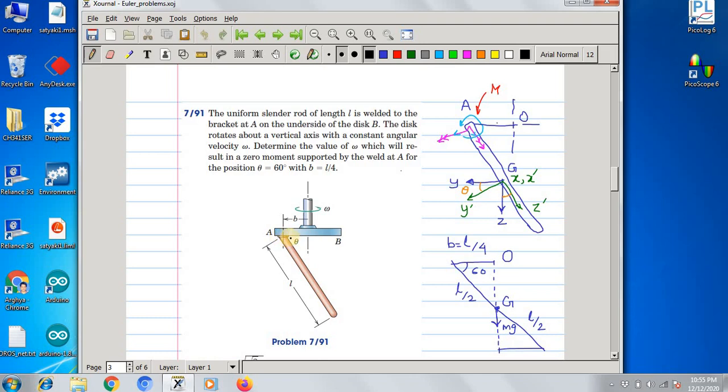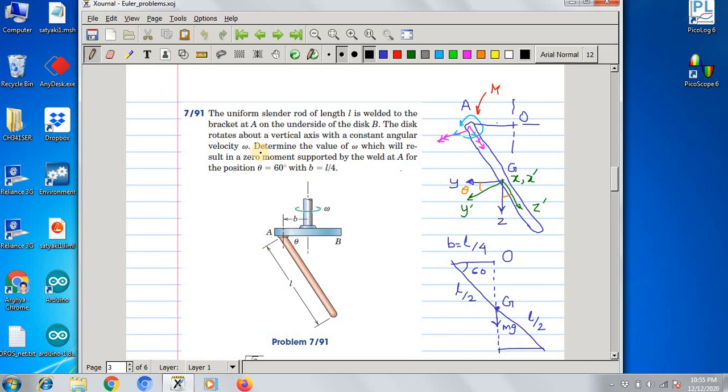So this is like a built-in end and bracket at A, on the underside of the disc B. So this is the disc B, this is the bracket, this is the disk B, and the disk B is rotating about this vertical axis with an angular velocity of omega.